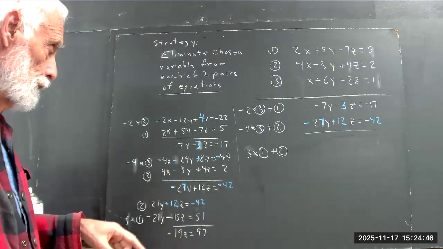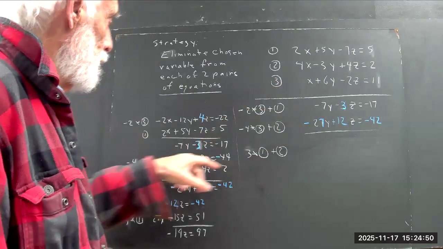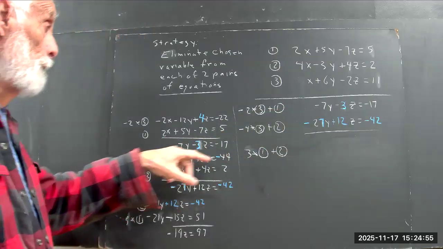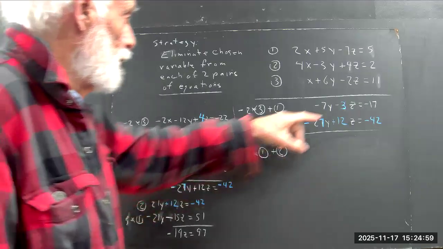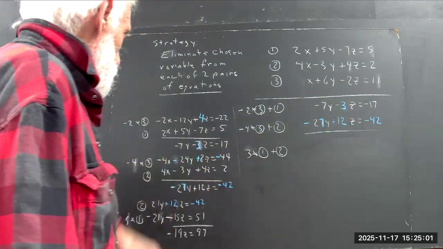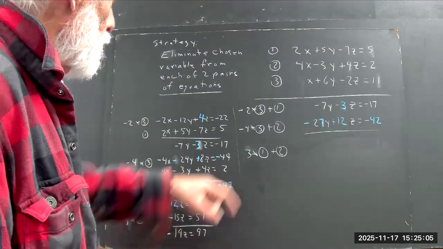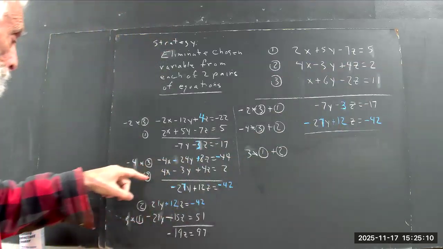-4 times the third equation is -4 times x. And then -4 times 6y gives us -24y. -4 times -2z gives us plus 8z. -4 times 11 gives us -44. We write the second equation, 4x minus 3y plus 4z equals 2, right there.